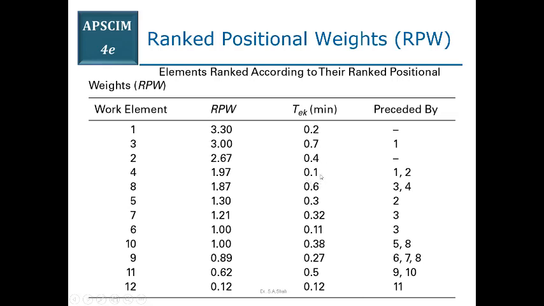But next, if you look at the precedence constraints, its predecessors are 1 and 2. 1 has been assigned, but 2 has not been assigned yet. So if operation 2 has not yet been assigned to any workstation, this means that you cannot start working on work element number 4.